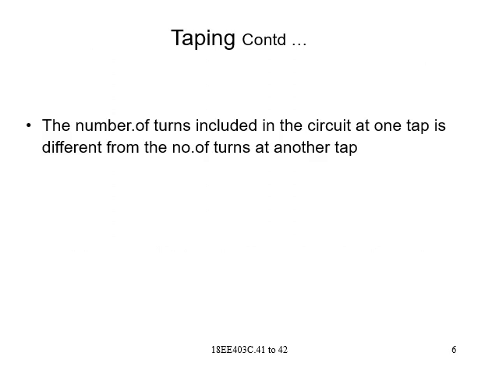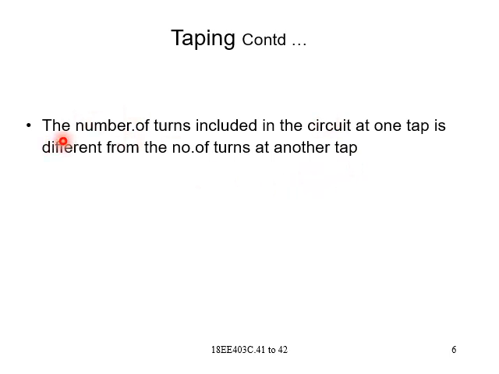The number of turns included in the circuit at one tap is different from the number of turns at another tap. From one tap to another, you can vary the number of turns, depending on your requirement.